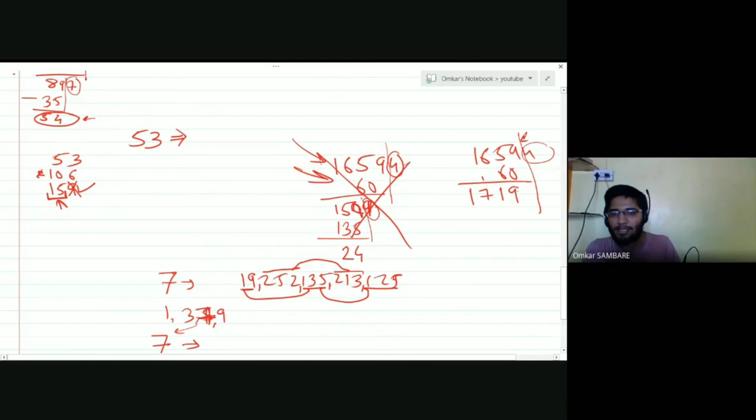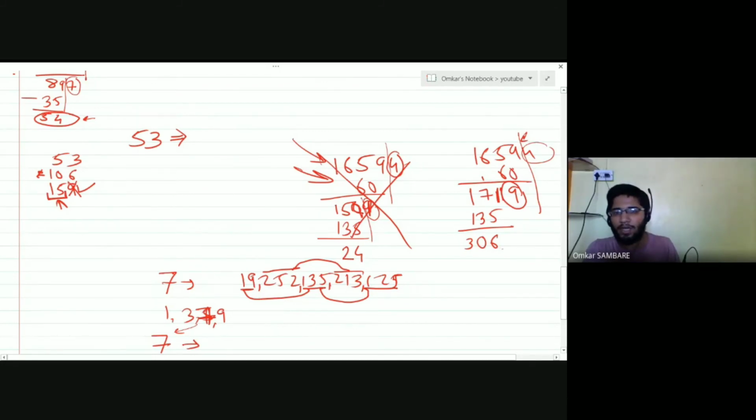Again, we will take the last digit, multiply it with 15. So 15 into 9 will be 135. And after the addition, we will check whether it is divisible by 53 or not. So the addition here will be 306. Let's check whether 306 is divisible by 53 or not.